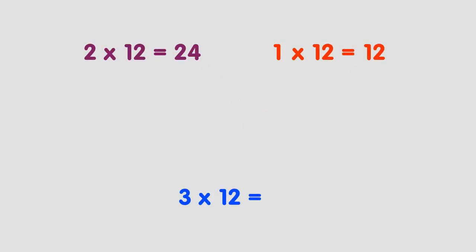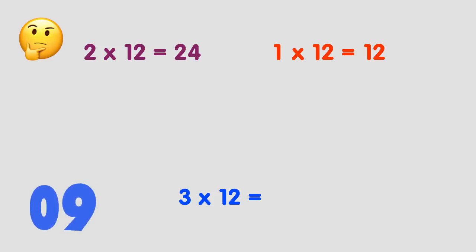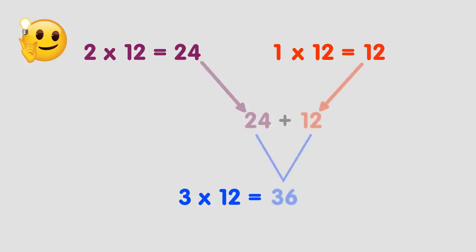If 2 times 12 is 24, and 1 times 12 is 12, how much is 3 times 12? That's correct. The answer is 36. 3 times 12 equals 36.